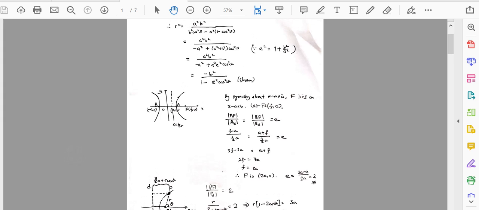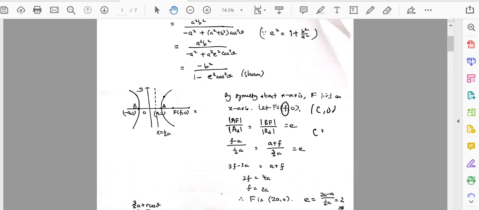The point is that some of you already assumed that your focus here is actually C, and then you start quoting some result about C in terms of A and B. Whereas if you look at this solution, it keeps applying the definition of E.